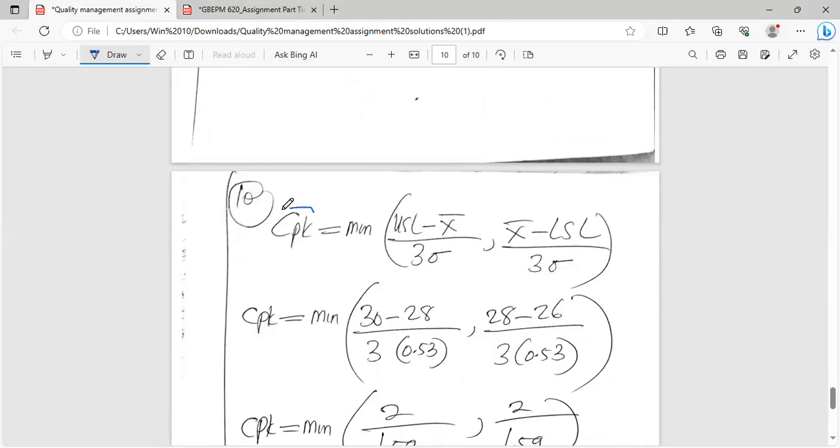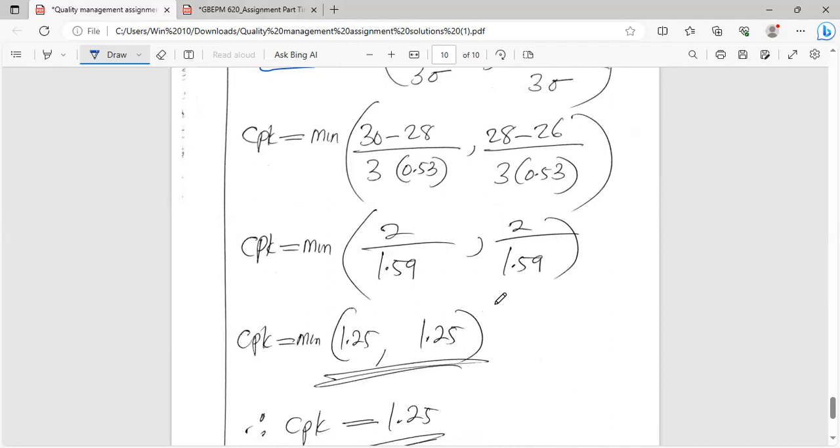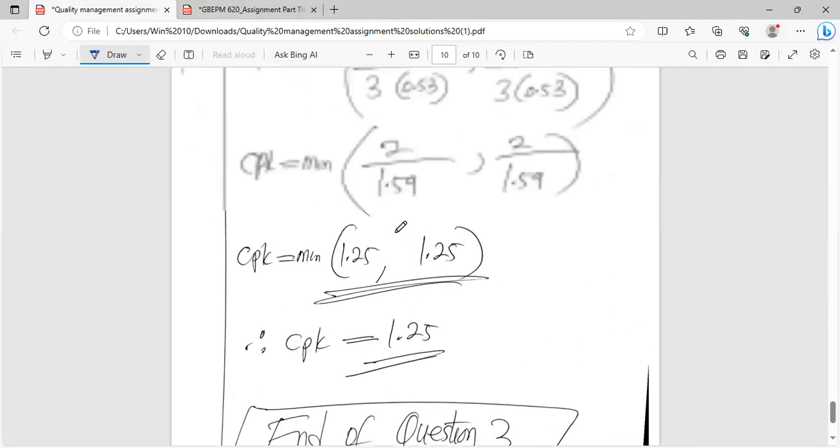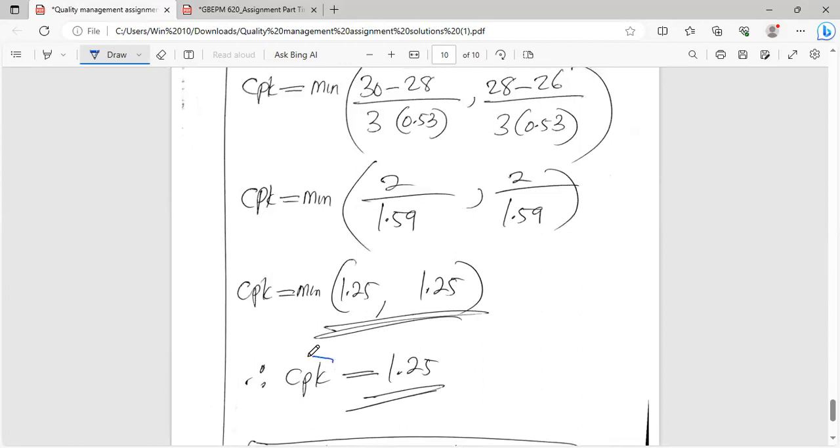So you can find the process capability index using the Cpk. So the minimum of the upper specification minus the mean over 3 sigma, or the mean minus the lower specification over 3 sigma. So here we are getting Cpk equal to 1.25. So this is the new Cpk, right?